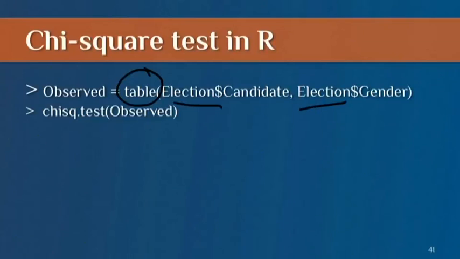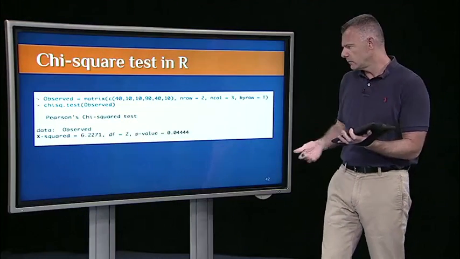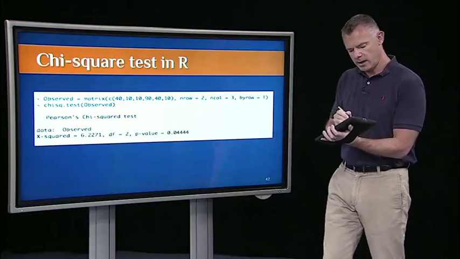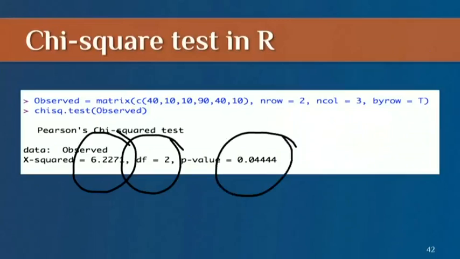We're going to create a table of candidate by gender and then do the chi-square test function on the observed values. I did that in R just to check my work, and I got the chi-square value that we got when we did it by hand. That's 6.2271. We got degrees of freedom 2 and p-value of 0.04. So yep, statistically significant, matches the results we got when we did it by hand.